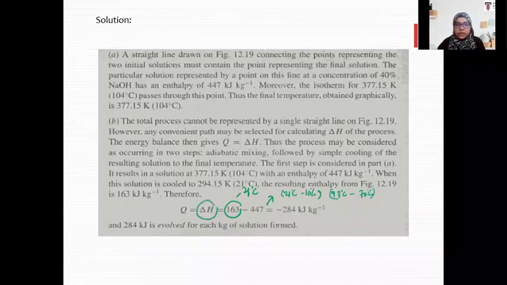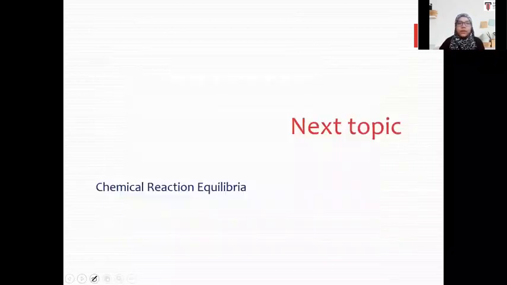To obtain the delta H, we subtract: 163 kilojoule per kg minus 447 at the adiabatic point, which gives the heat required of minus 284 kilojoule per kg, for each kg of solution formed. Okay, I think this is the last part.